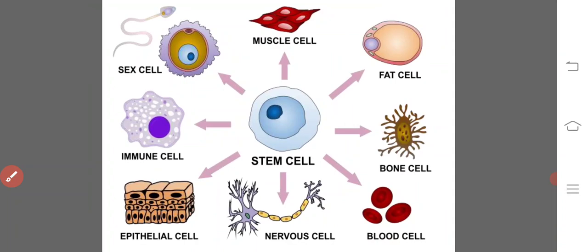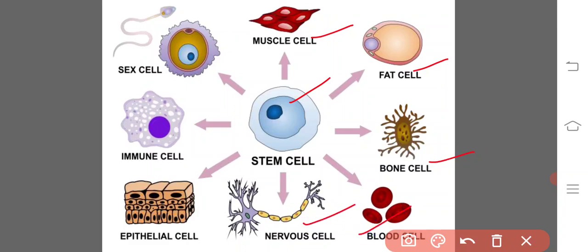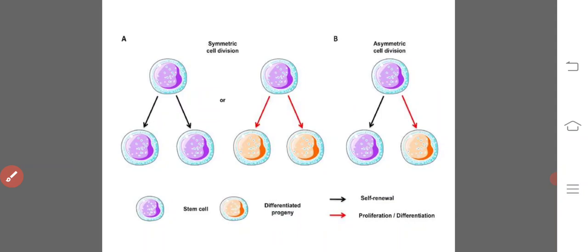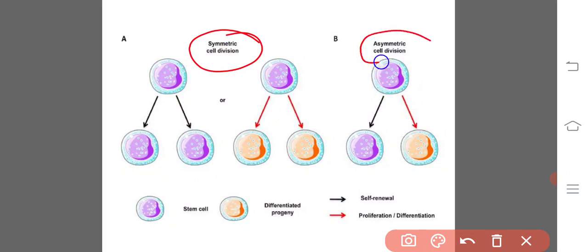See here, this is the stem cell which can be modified into muscle cell, fat cell, bone cell, blood cell, nervous cell, epithelial cell, immune cell and sex cells. See here, symmetric cell division and asymmetric cell division.